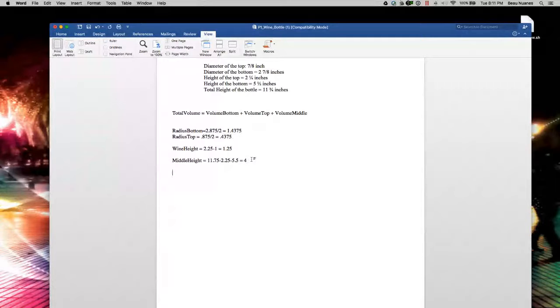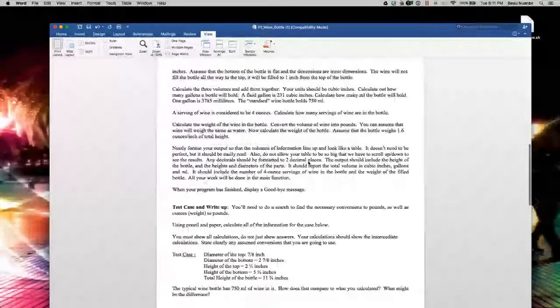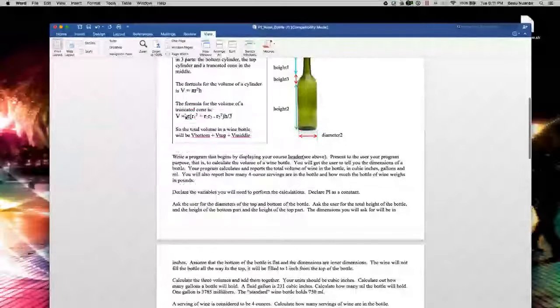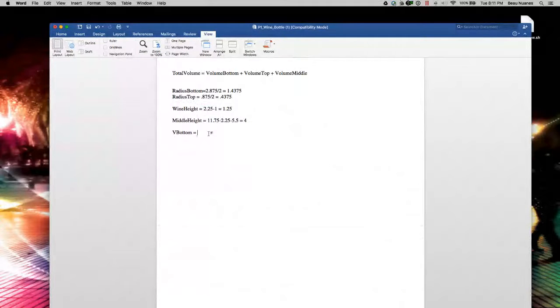Now to start calculating volume. So I'm just going to say V bottom, volume of the bottom, pi r squared h, right? So we have pi times the radius squared, which is going to be 1.4375.